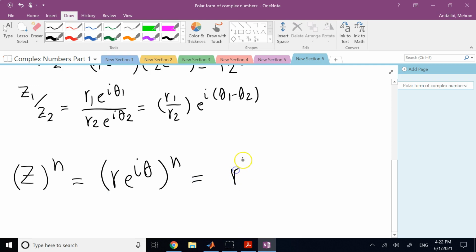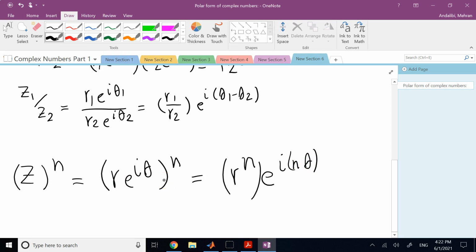So r will be raised to the power n, and exponential, when it is raised to the power n, you know that n will come and multiply that, so it is going to be I times n theta. Therefore, the magnitude is going to be r to that power, and the angle is going to be n times the original angle, right?